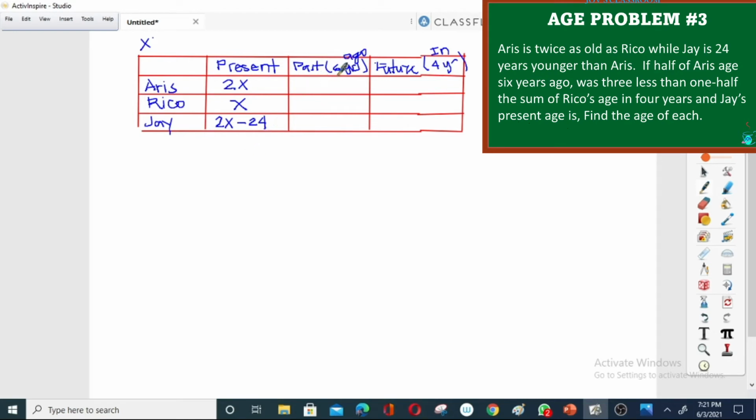And then the past, since this is years ago, we just need to subtract 6. So 2x minus 6, and this x minus 6, and this 2x minus 24 minus 6. If we simplify this one, this will become 2x, negative 24, negative 6 is negative 30.